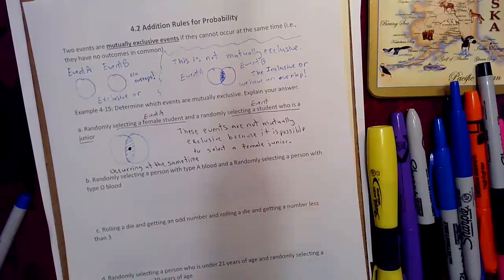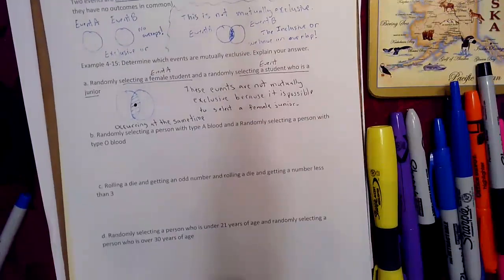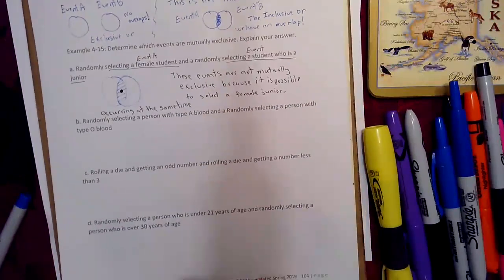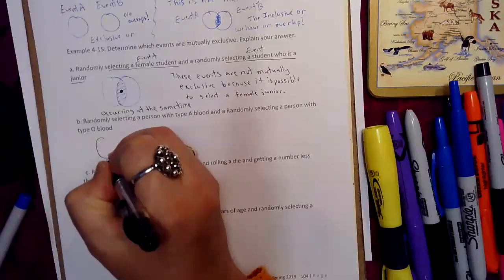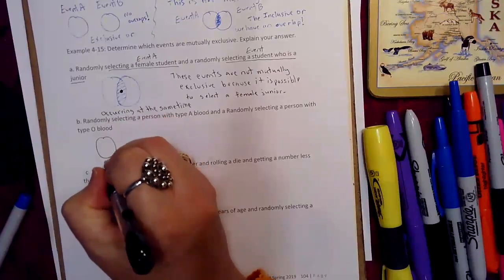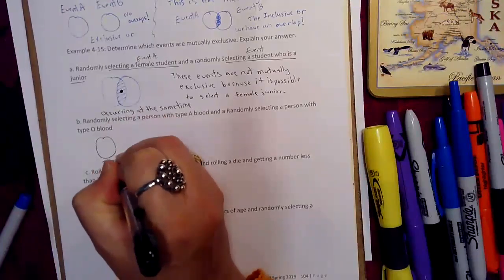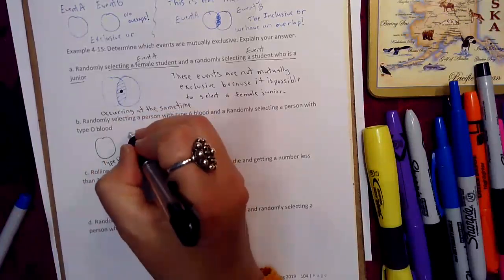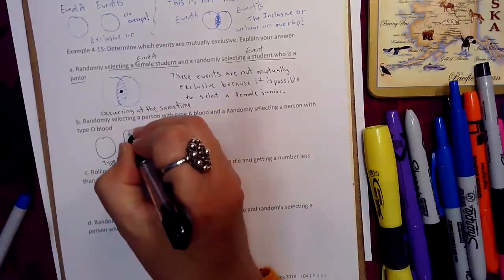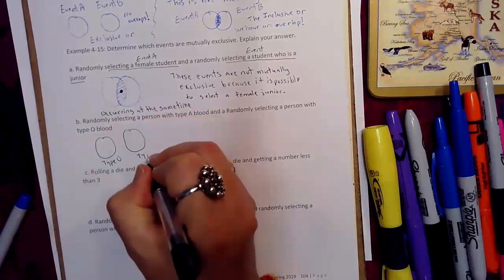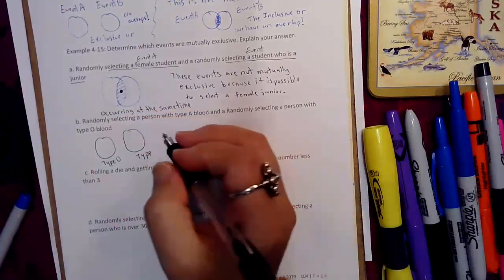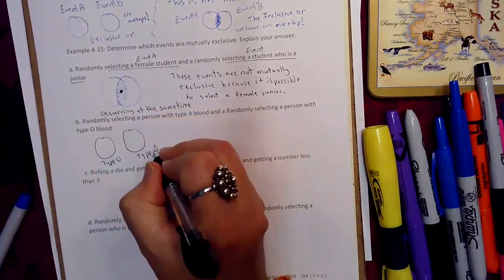Okay, the next part, randomly selecting a person with type A blood and randomly selecting a person with type O blood. So I'm going to draw this event here to represent somebody with type O blood, and this event here, which represents somebody with type A blood.